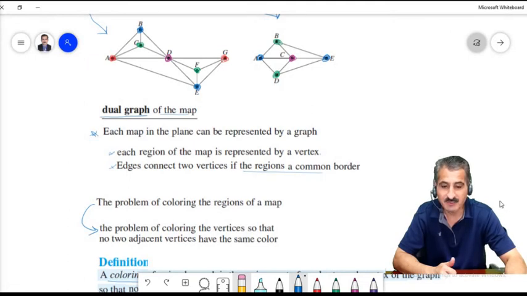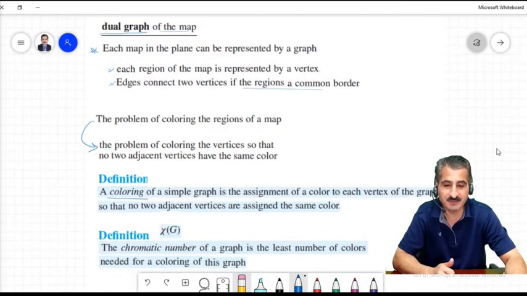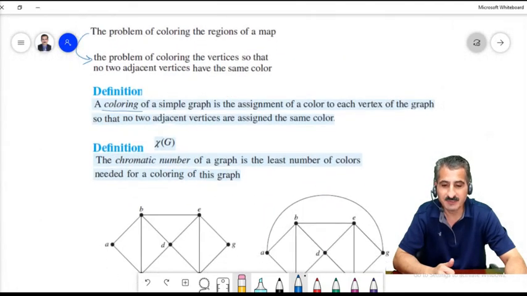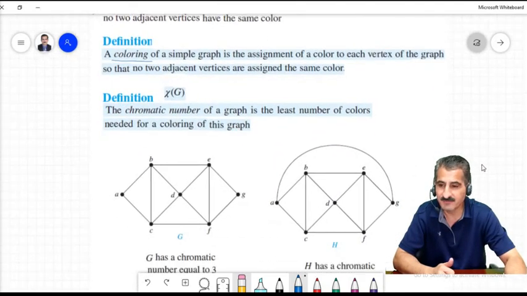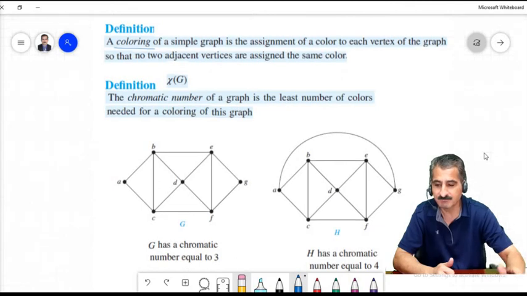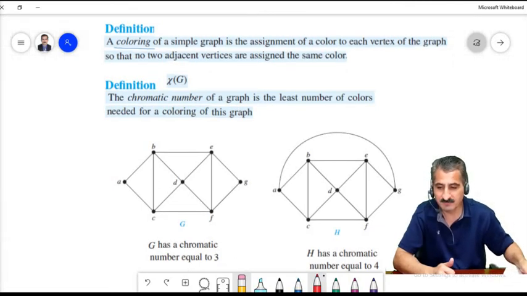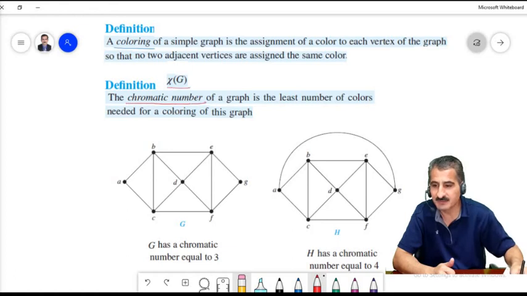Okay, now we talked about the number of colors. That number has a very famous name. It is called the chromatic number, and it is denoted this way.